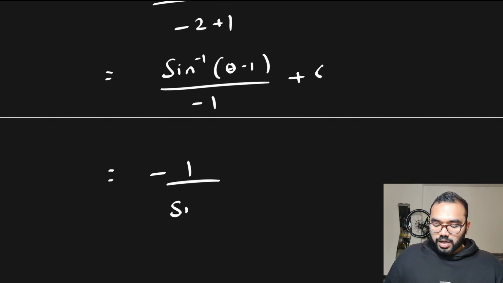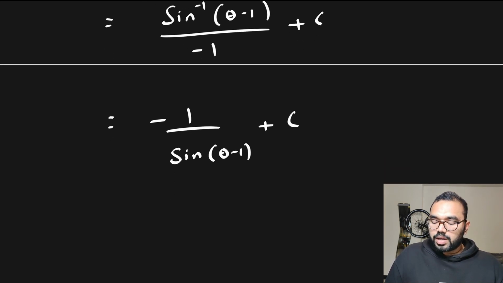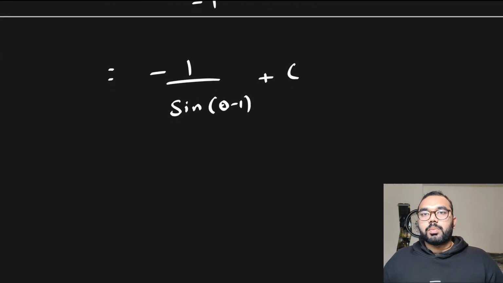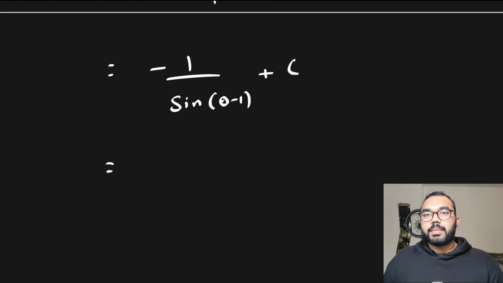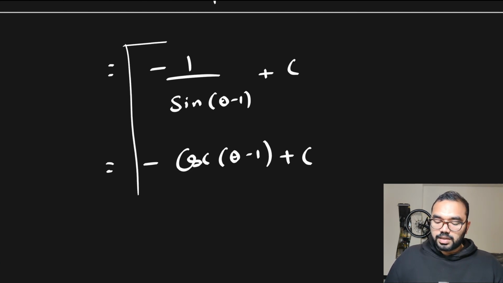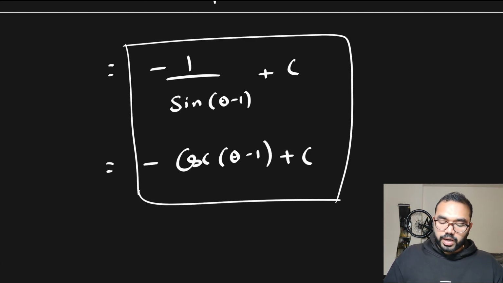That is nothing but minus 1 by sine of theta minus 1 plus c. Basically minus 1 by x or minus 1 by sine theta minus 1. Or you can also represent sine as cosecant, minus cosecant of theta minus 1 plus c. So both are correct answers.